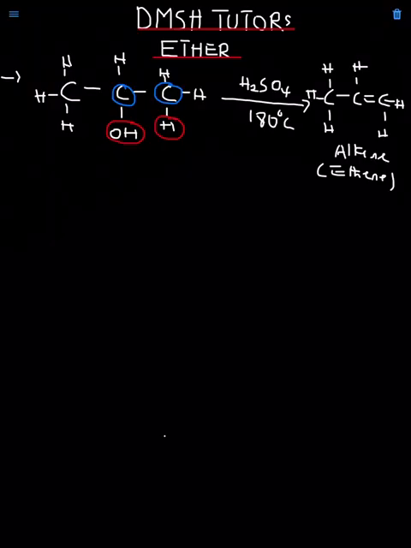But to produce ether, we don't need complete dehydration. We need incomplete dehydration. In this case, we have to put the alcohol in excess.